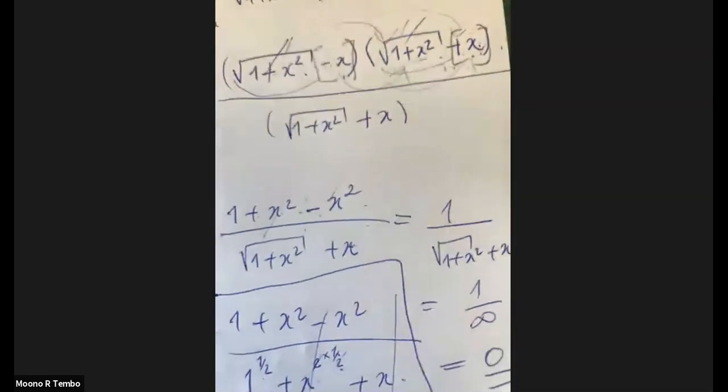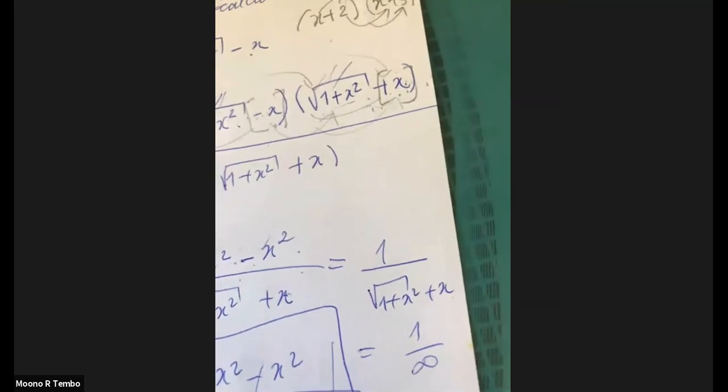Mono, can I say something? To make it a bit simpler, since we're using the opposite, which is more like the conjugate, can we just say it's a difference of 2 squares? So we'll say the square root of 1 plus x squared, in brackets, everything to the power 2, then minus x to the power 2.